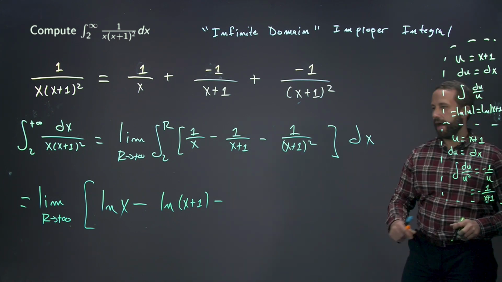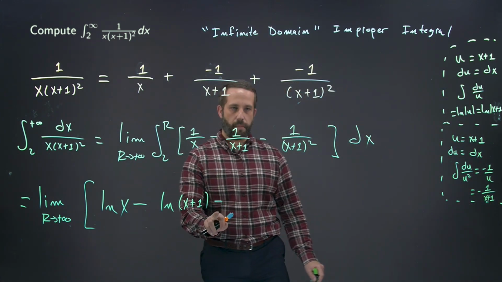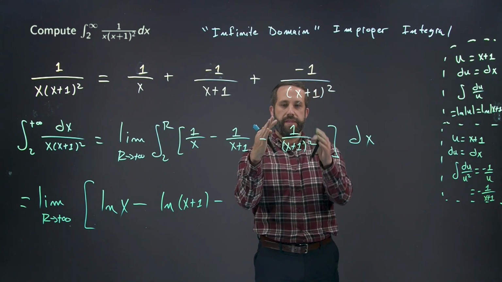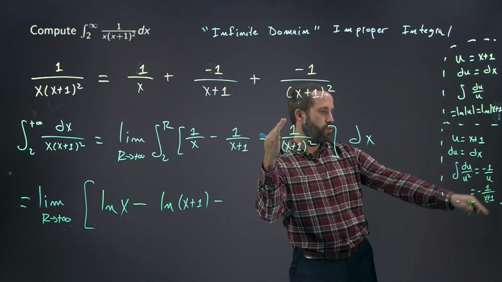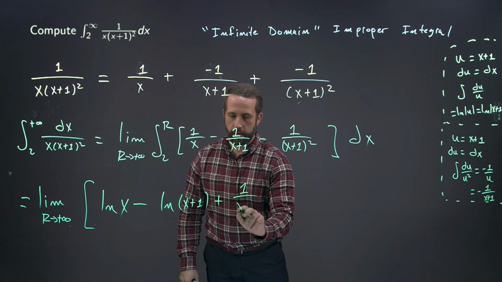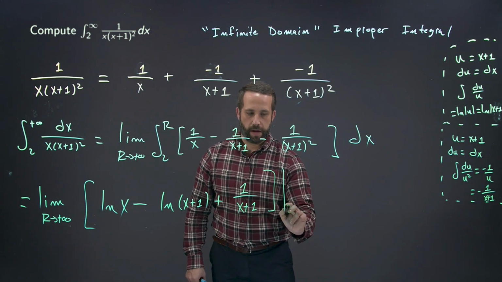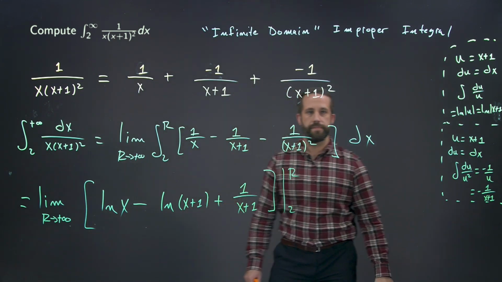But again, really, it'd be good if you could do this sort of thing in your head. So this is now going to be minus. So I've got a minus sign here, but the antiderivative of this is minus 1 over x plus 1. So altogether, this is plus 1 over x plus 1. And we're evaluating this from 2 to r.